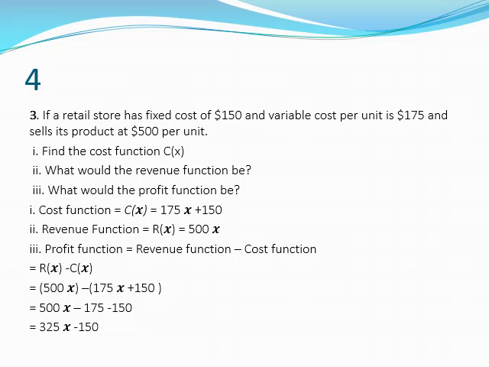If a retail store has a fixed cost of $150 and a variable cost per unit of $175, and sells its products at $500 per unit, the requirements are: find the cost function C(x).